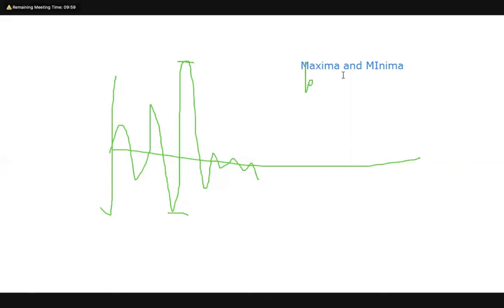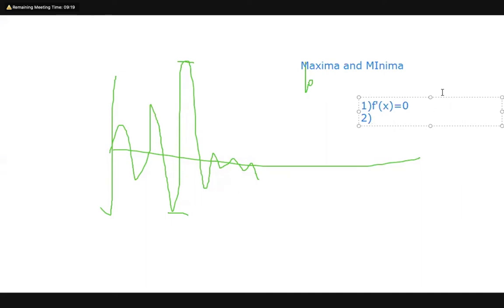Yes, somebody is answering correctly. Good. So what was the first condition? We had two conditions for maxima and minima. For both, the first condition is the same. First condition is f dash of x should be equal to 0 for both. Why? Here the slope is parallel to the x-axis, so we don't get a slope, therefore f dash of x equal to 0.